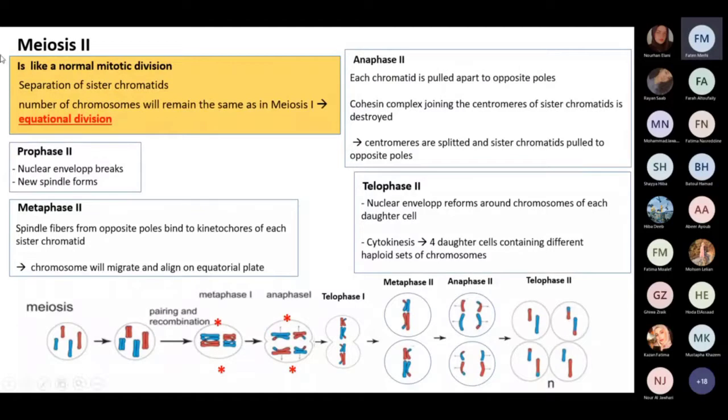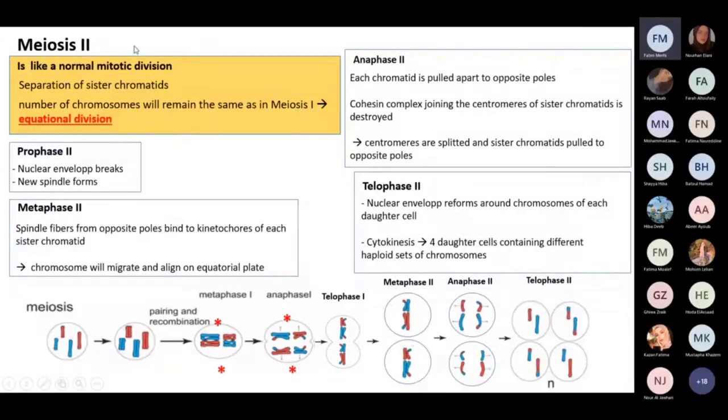Meiosis 2 is like a normal mitotic division. We will have during this meiosis a separation of sister chromatids. So the number of chromosomes will remain the same as in meiosis 1. At the end of meiosis 1 we had 23 chromosomes, so one set of chromosomes.